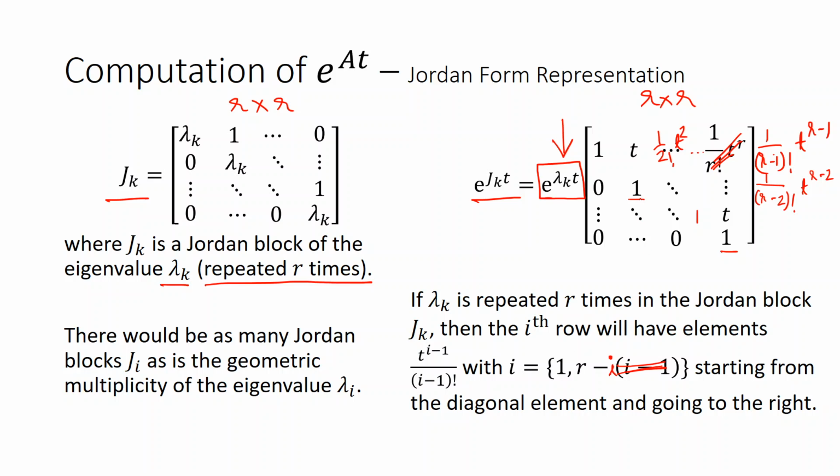So the diagonal element will be 1 always, and starting from that you will go rightwards till r minus i number of terms. So if you put i as r minus 1, you will again get 1, so you have only a single term.